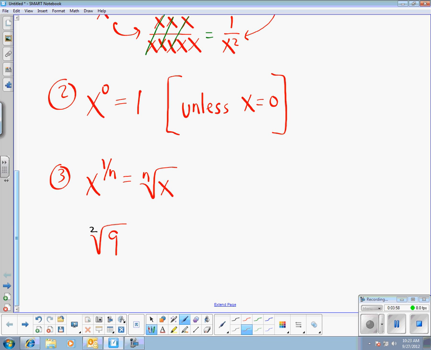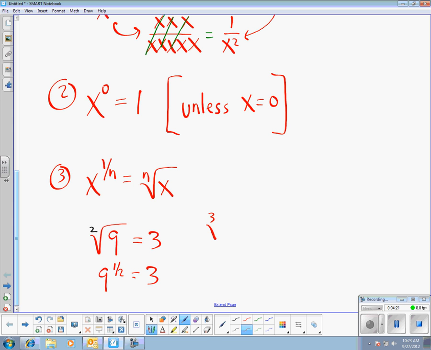You don't have to write the 1 every time. So the square root of 9, we know this symbol is only the positive square root, so that's 3. You could also write that as 9 to the 1/2 power equals 3. So a square root and a 1/2 power are the same.